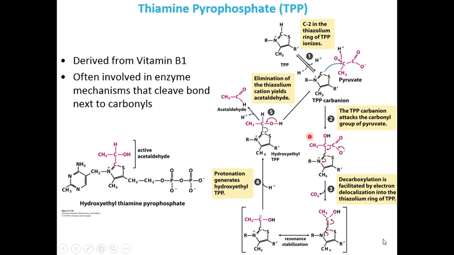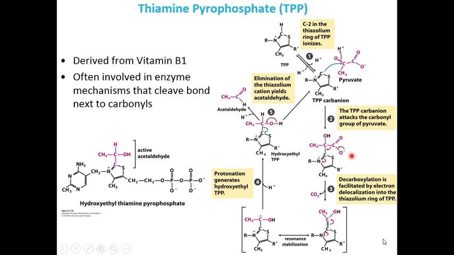Once it attacks, it forms an adduct like this, and the adduct, as you can see, has a structure wherein the nitrogen, which is positively charged, can act as an electron sink. Because of that, the carboxyl group can push the electrons in, and the bond electrons can then push in between the CC bond, and this double bond can then push into this nitrogen, which is an electron sink.